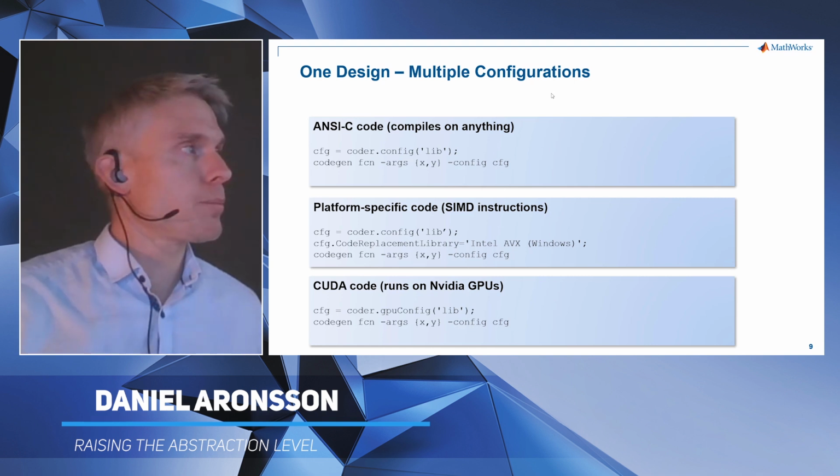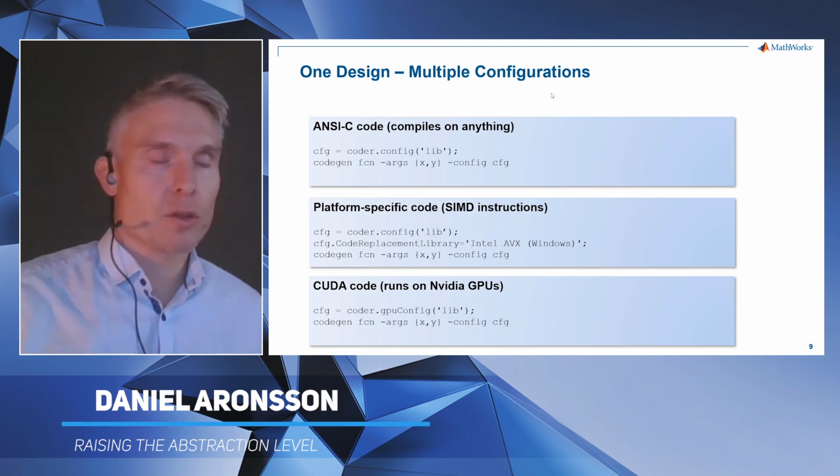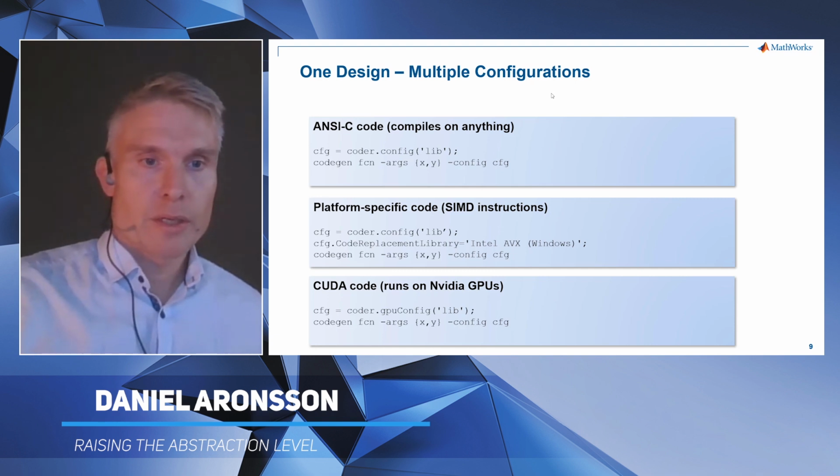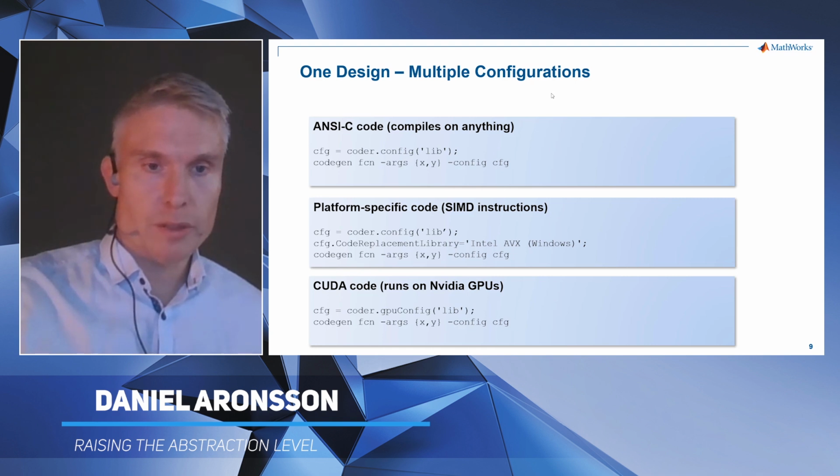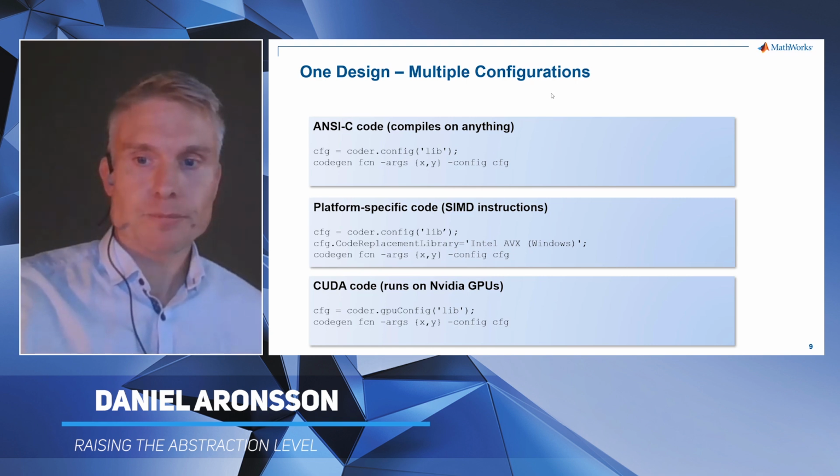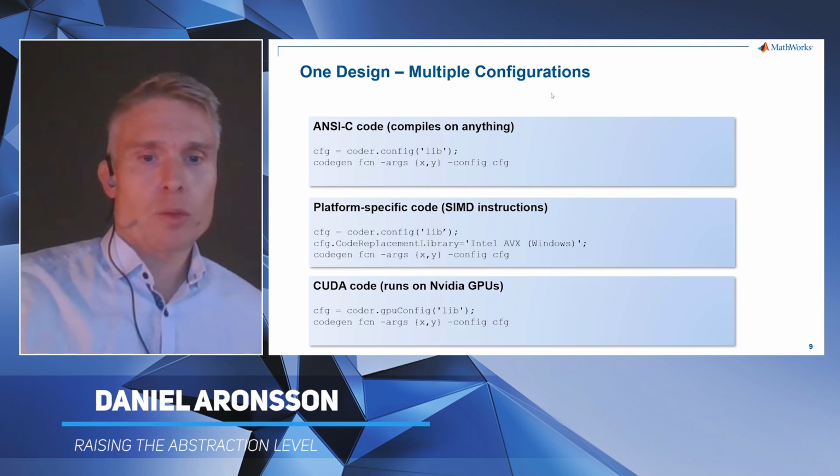Depending on the problem, not all problems are a good fit for GPUs, but if they contain a lot of parallelism and linear algebra, or deep learning, then it's a good fit for GPUs, and then GPU Coder is an interesting tool to take a look at. That's basically it, what I wanted to show you today.